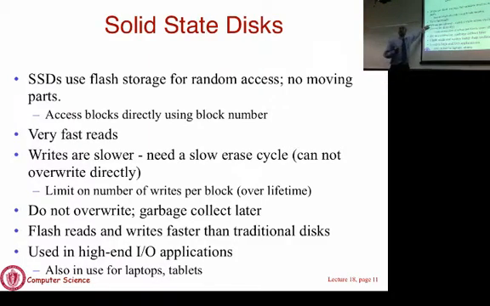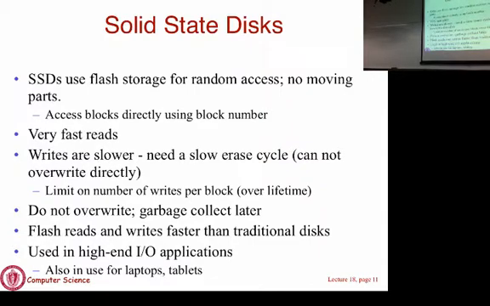Writes are a bit slower on solid state disks, and that has nothing to do with the electronics itself. The reason writes are slower is that on magnetic disks, you can simply overwrite data by writing new data to that location. In solid state disks, you have to first scrub that block. That's called an erase cycle. You can't simply overwrite data; the technology doesn't allow you to do that.